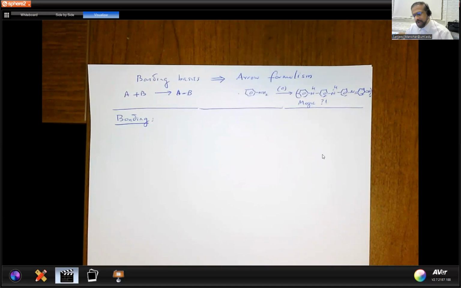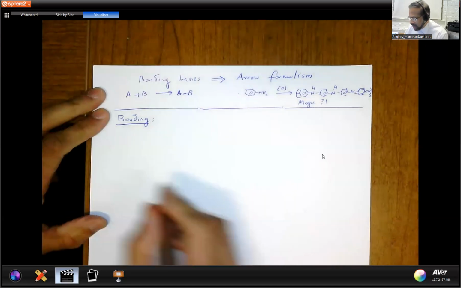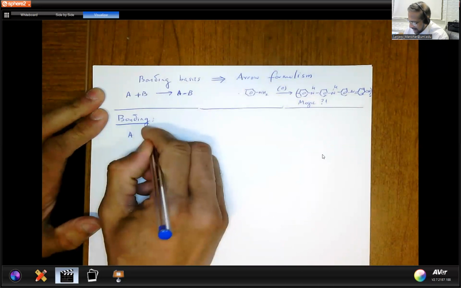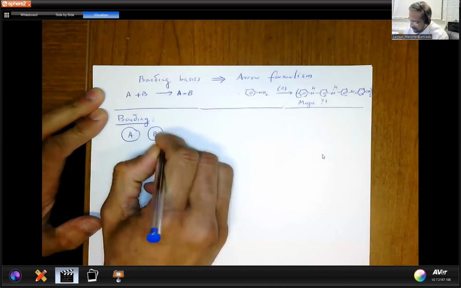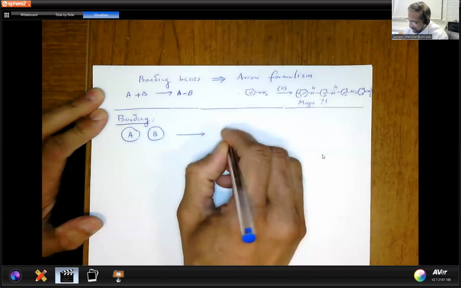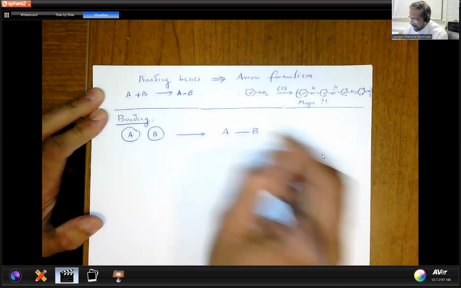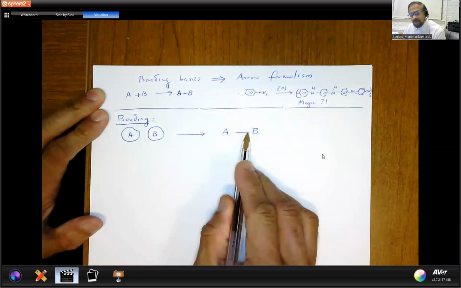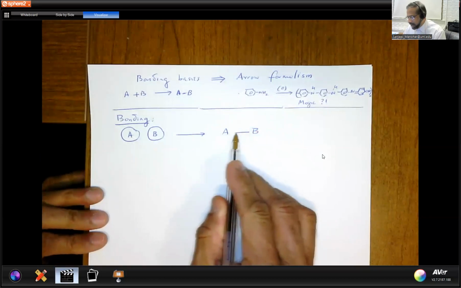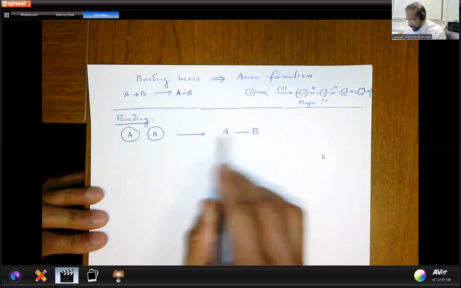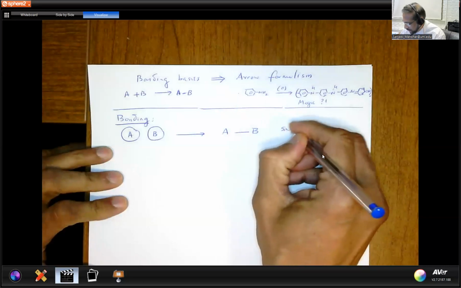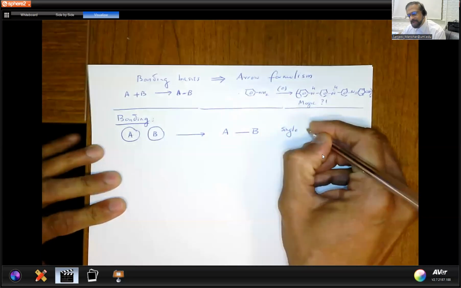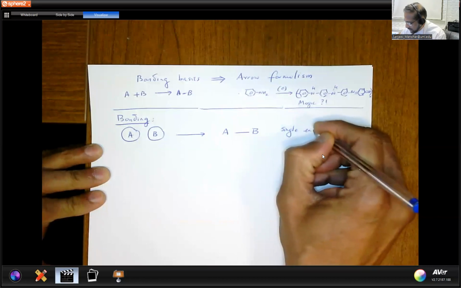So if you have two things, A and B, and A forms a bond with B, this line means there are 2 electrons in a single exchange. You don't even have to call it a single bond, just an exchange.